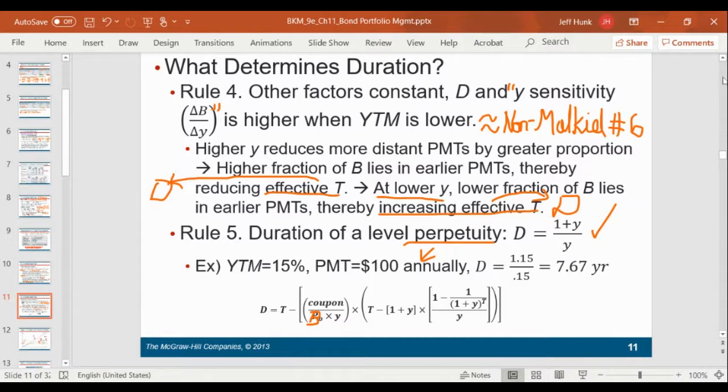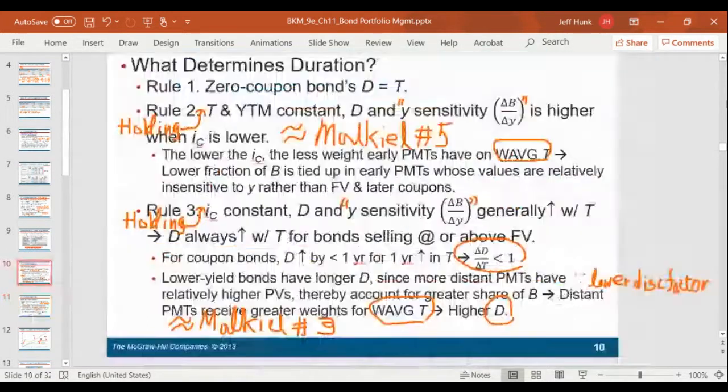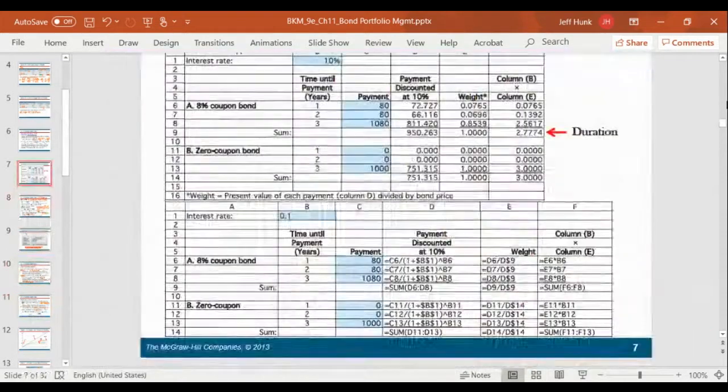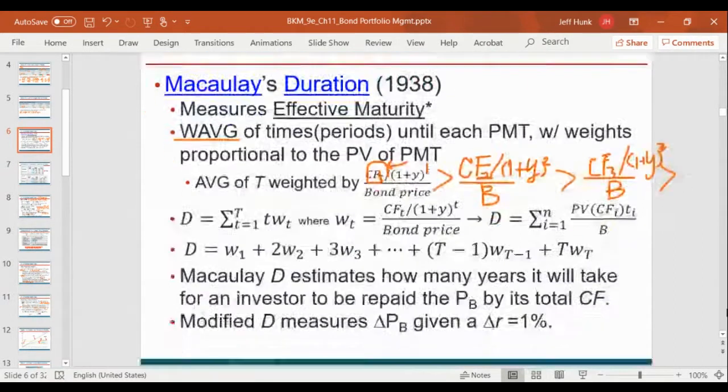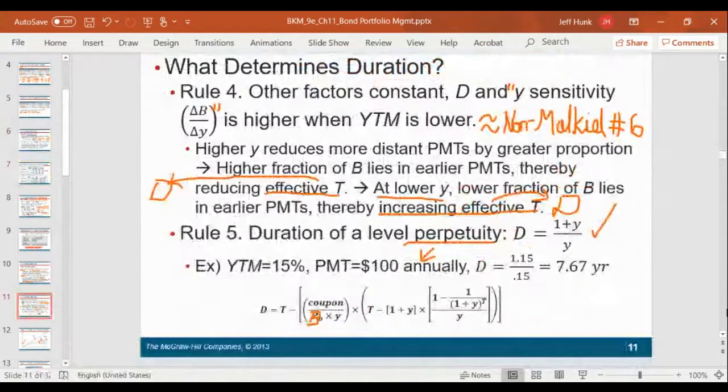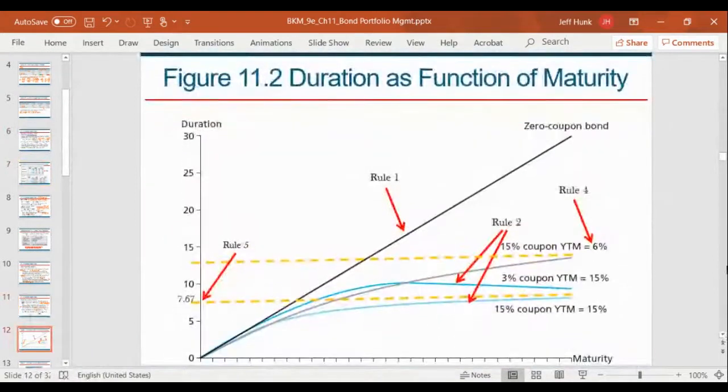Why? What is that variable? Comparing it with the duration formula before, the significant difference is that there is no bond price, there is no cash flow. Isn't it right? There's no bond price, no cash flow.